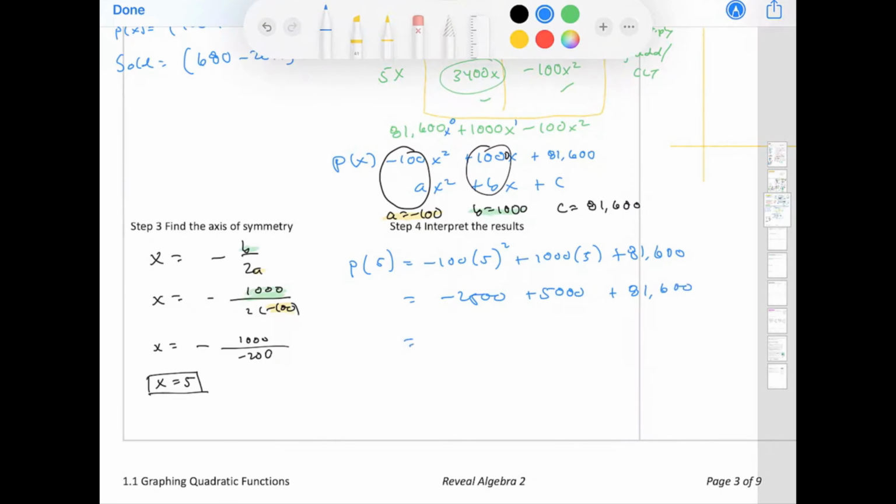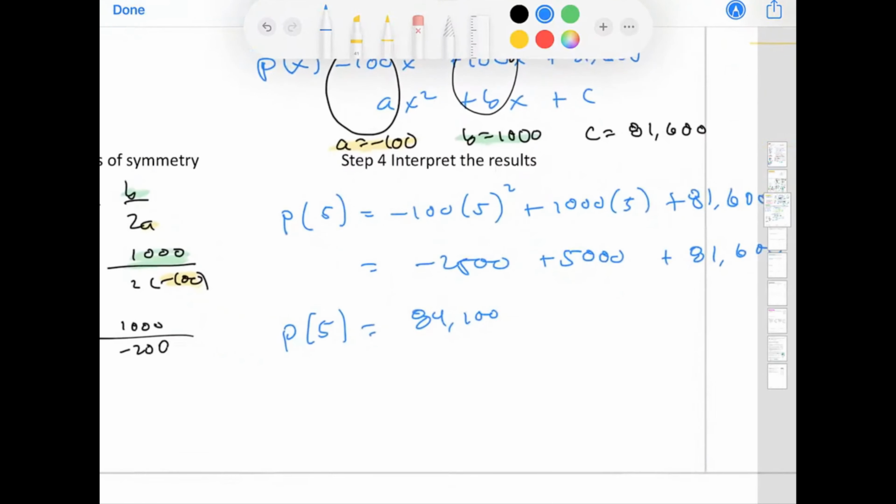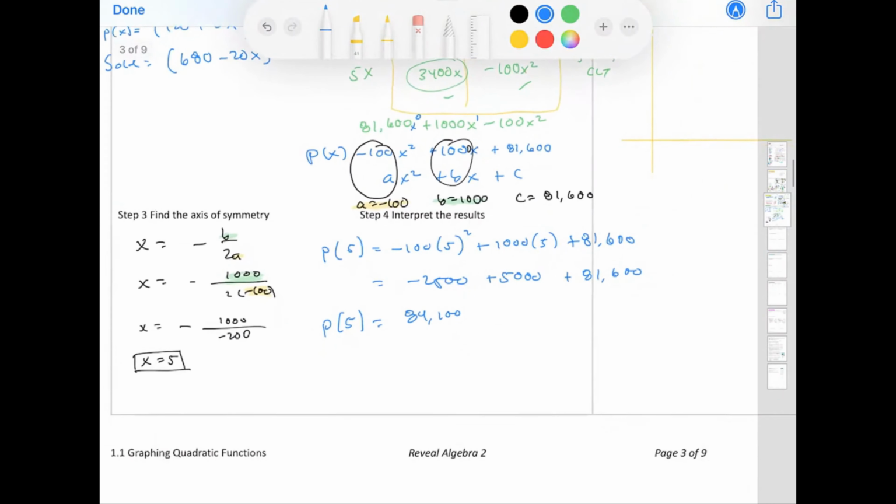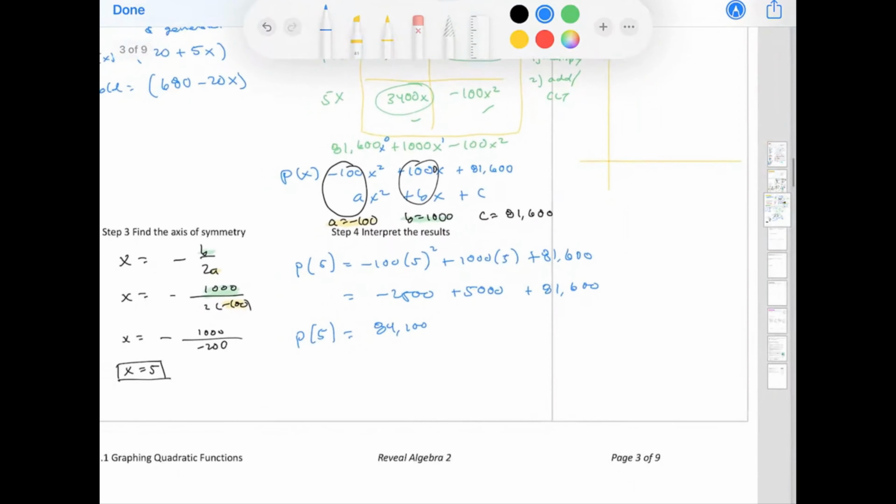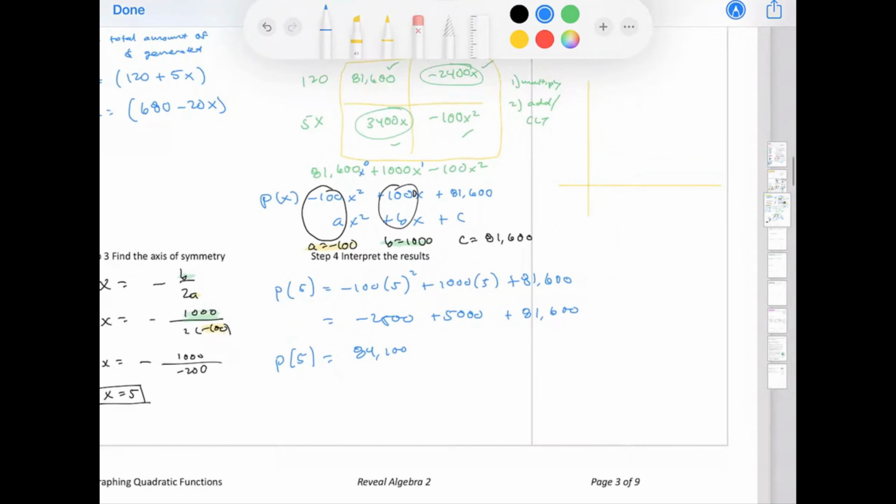So if we do all those numbers together, plus 2500, this is going to be your vertex. Okay, you don't necessarily need that number, so let's just give ourselves an idea.